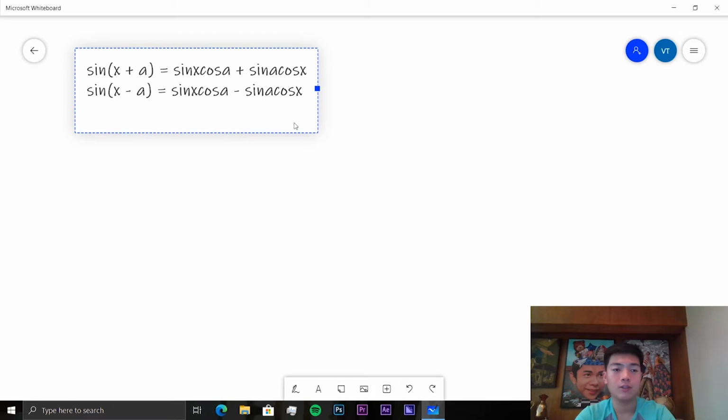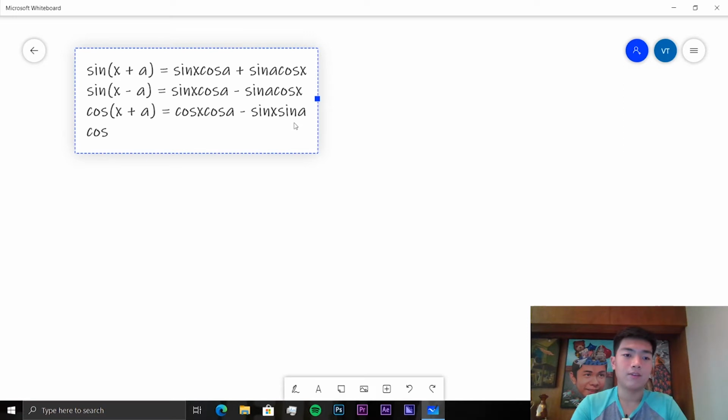Next, for the cosine rules, we have cosine x plus a is equal to cosine x cosine a minus sine x sine a. Similarly, cosine x minus a is equal to cosine x cosine a plus sine x sine a.